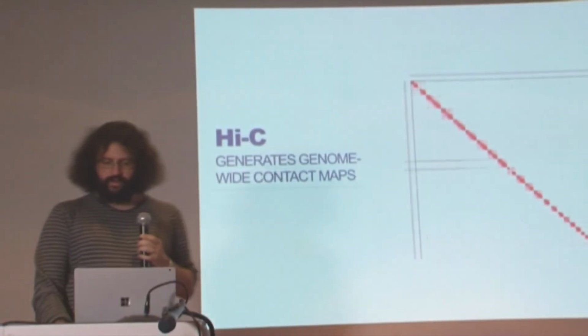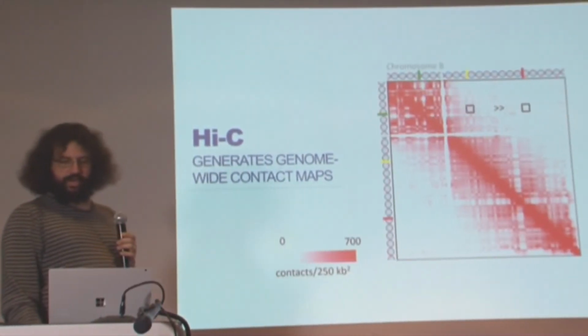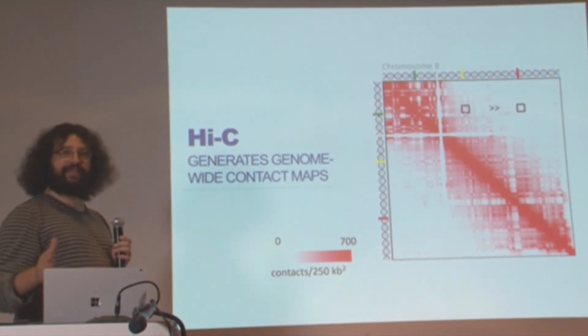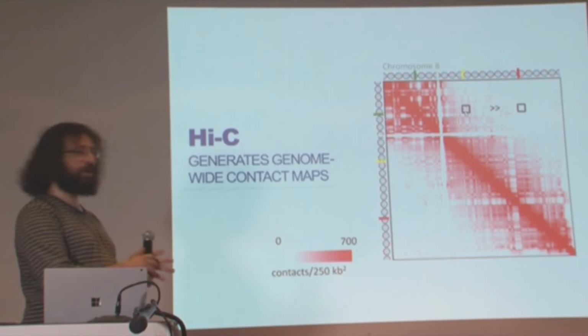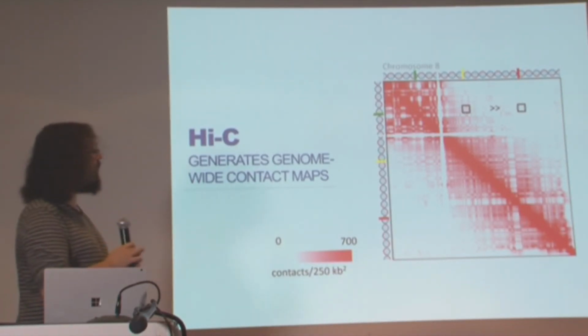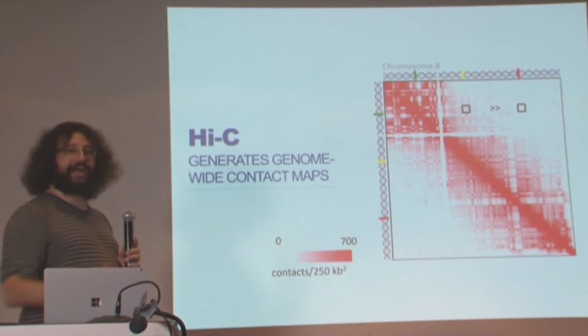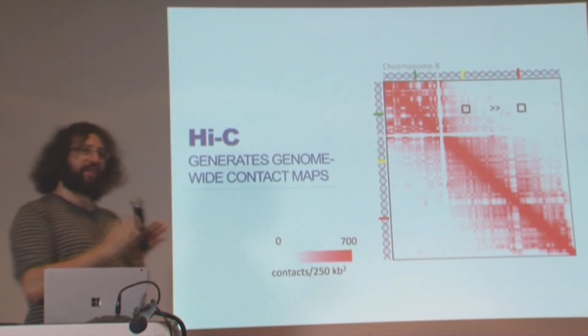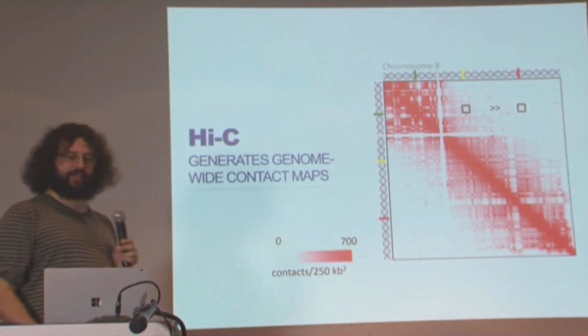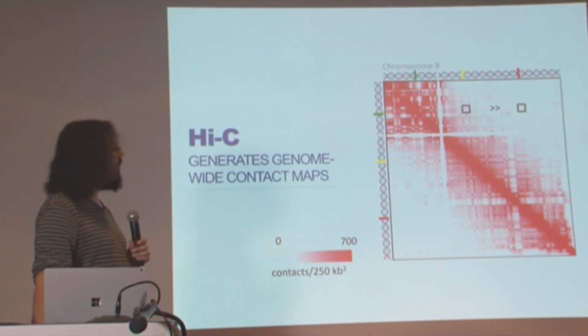And moreover, as you recall, when you zoom in, the contact frequency tends to increase the closer a pair of loci are to one another. It gets higher and higher until, as we said before, it skyrockets as you get close to the diagonal. When a pair of loci are extremely close in 1D, they have a very elevated contact frequency with respect to one another.